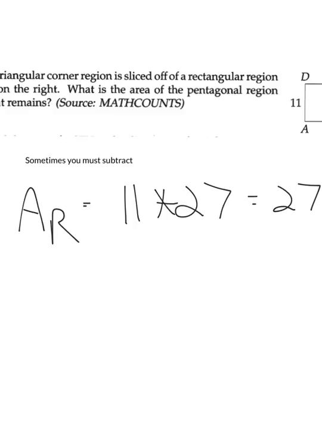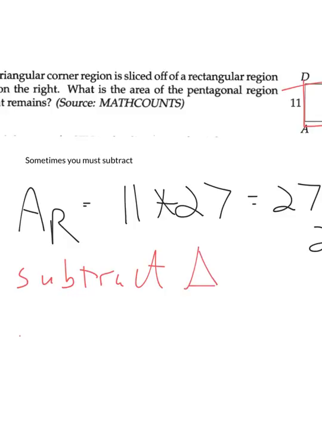So we'll say, okay, that would be 297. Okay, so that's our area that we talked about right there. Now we need to subtract the triangle. So the rectangle minus the triangle.